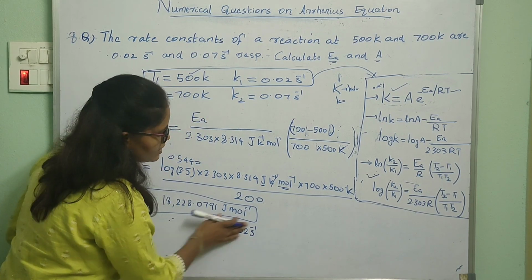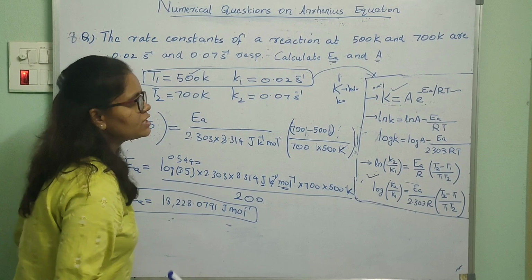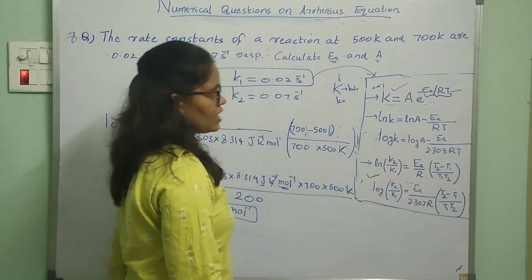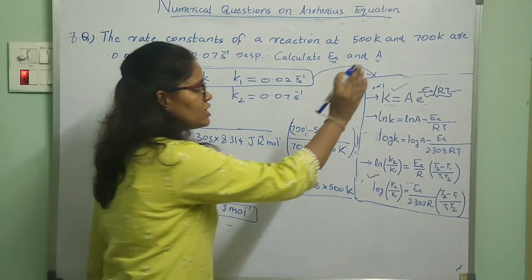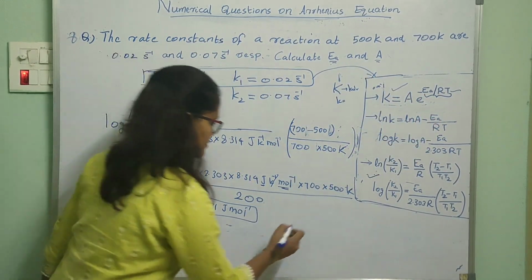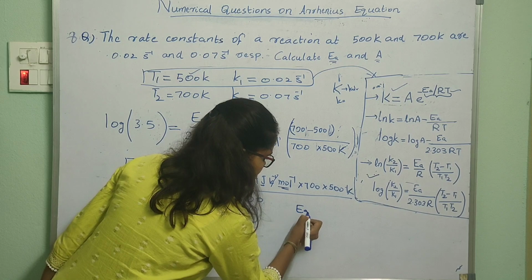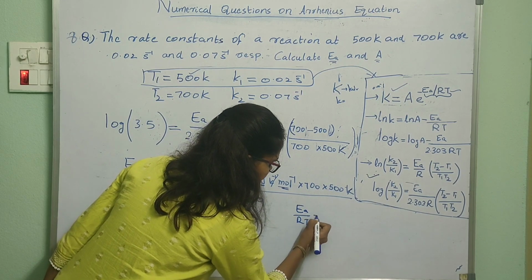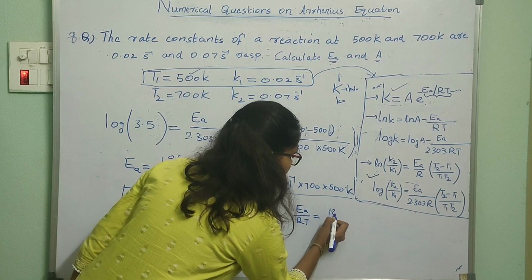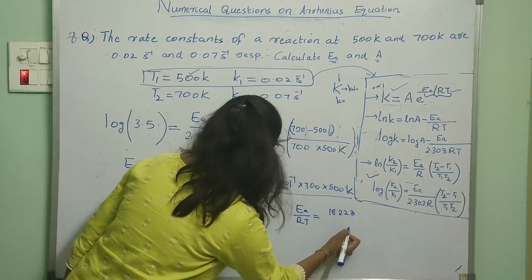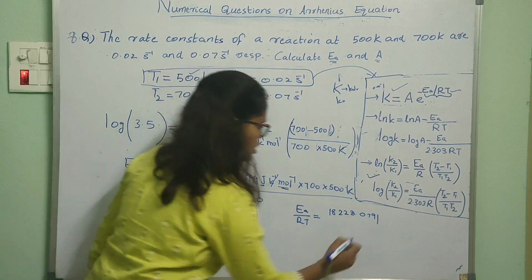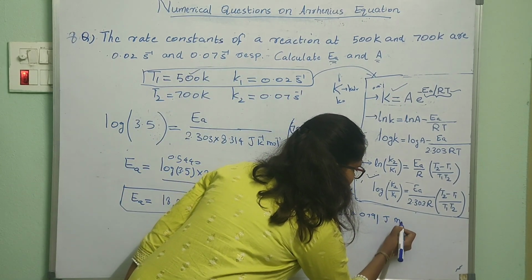But before this, let us first solve this EA by RT, and then directly put the value of EA by RT in this equation. So let us find EA over RT. EA is 18228.0791 joules per mole.